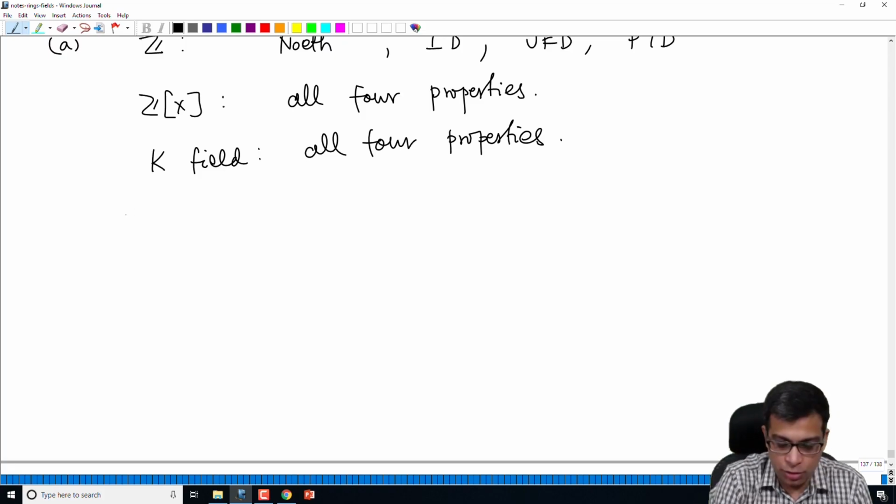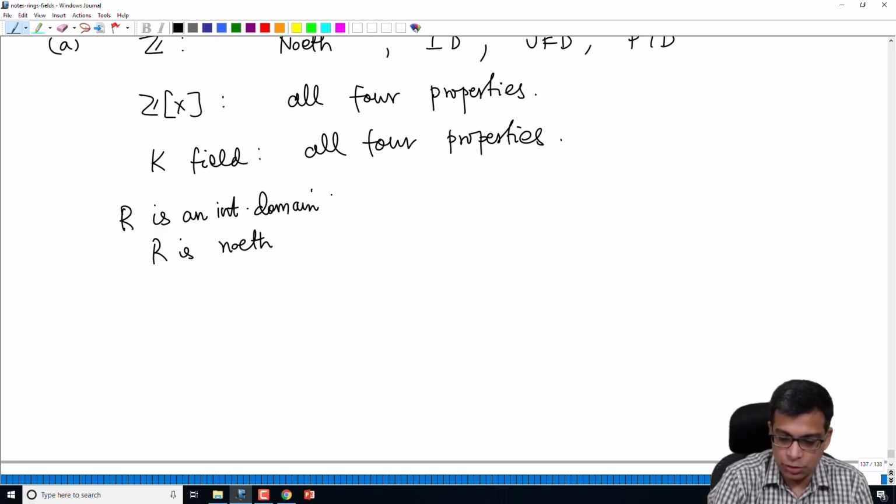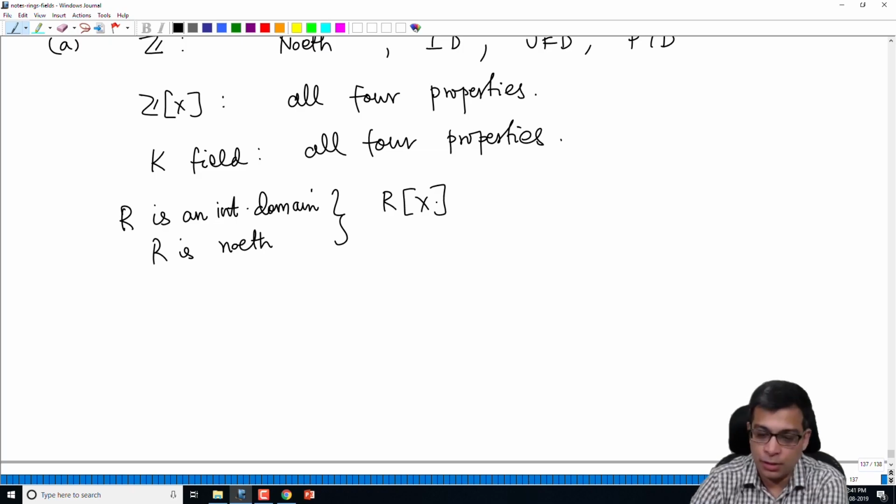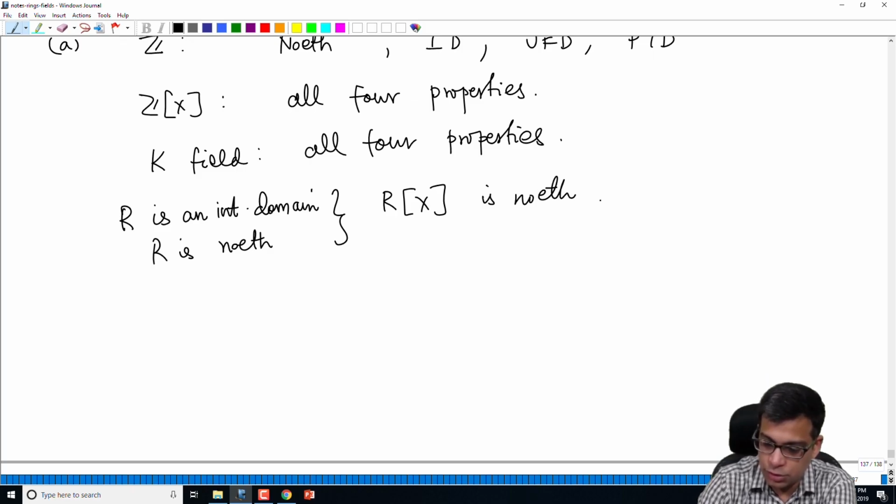What about if R is an integral domain, and R is Noetherian, what about R[x]? This is an arbitrary ring which is an integral domain and Noetherian, then this is Noetherian, right?